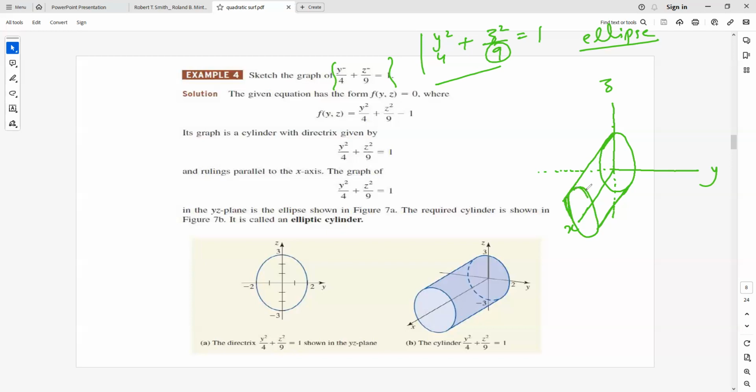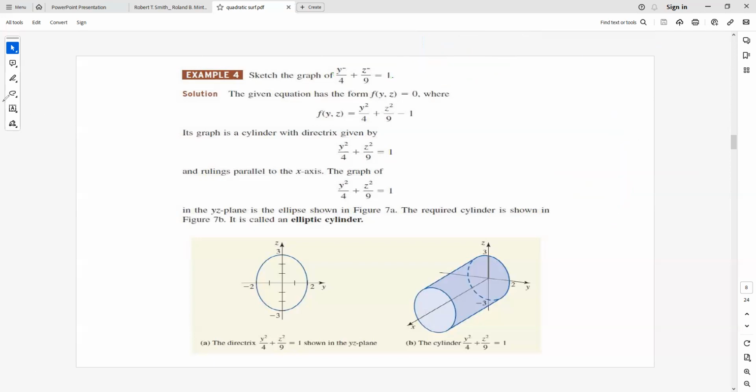Okay, it's not as good as it should be, but you can just imagine that it's a cylinder having an elliptical cross section. A cylinder with elliptical cross section. So this is how we draw the surfaces in a three-dimensional system.